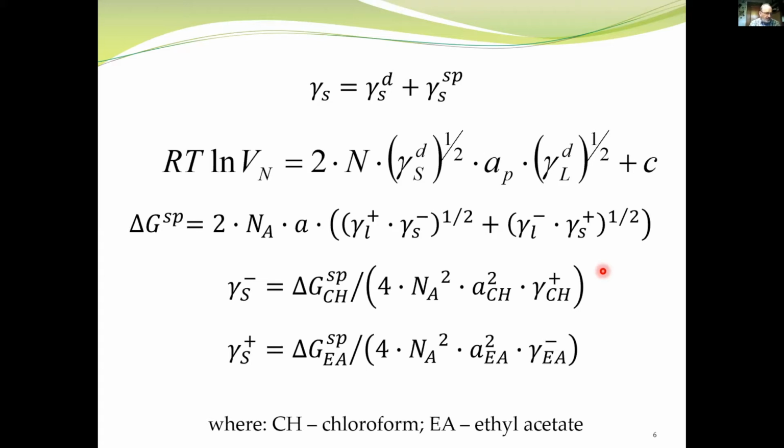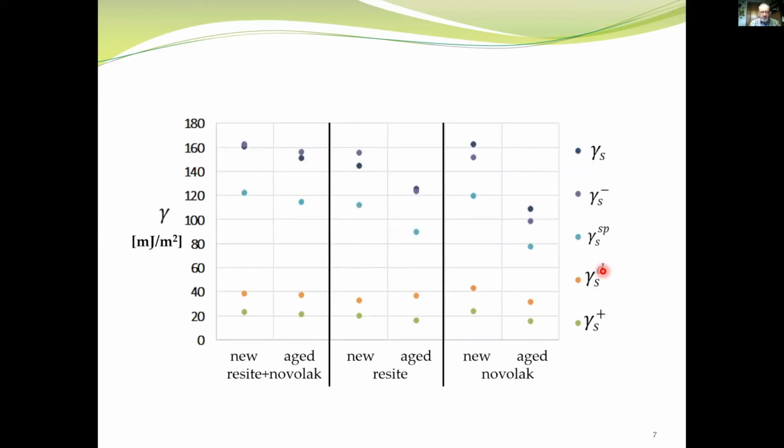Besides IGC, we used also FTIR, near infrared, pyrolysis gas chromatography with mass spectra detection, and other techniques. The IGC was found to be the most sensitive technique. And you can see the changes occurring during the storage of material for the mixture of two resins, here for resin and here for Novolac.